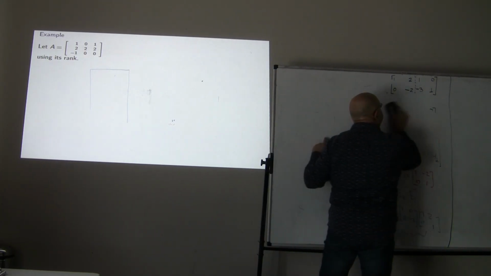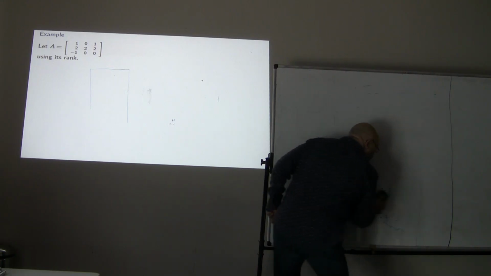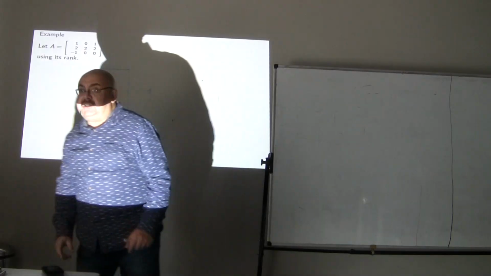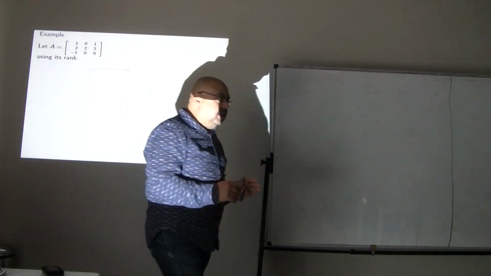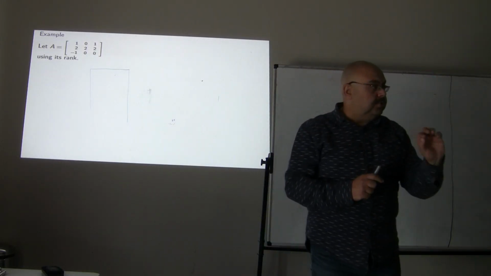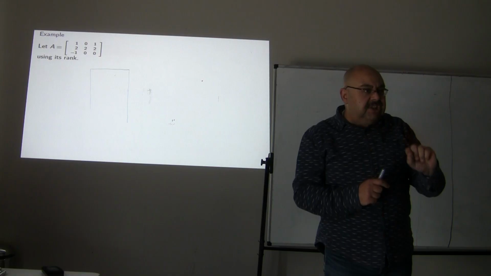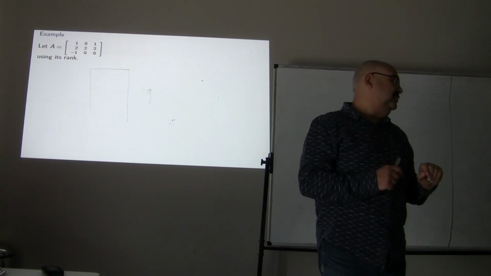Now, I don't have to use elementary row operations, although I can. The problem with elementary matrices is that I have to make each row operation with a separate matrix.